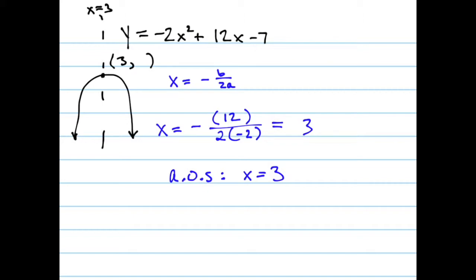We know the x value. We need to find the y value. Plug it in. Plug the x value in. Y equals negative 2 times 3 squared plus 12 times 3 minus 7. What's negative 2 times 3 squared?